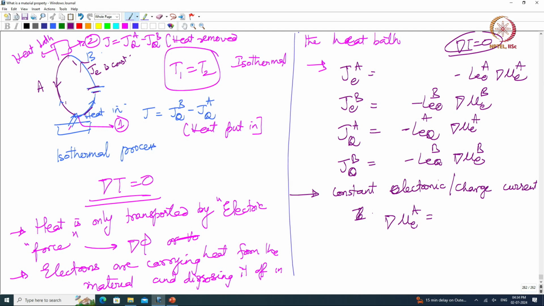So what is the gradient of mu E, that is just I, actually it is not, or J, so J by LEEA, right. So that is equal to LEEB times del phi, right. So, or the voltage or the electric field, right. So I am just writing what del phi is, right. So in some sense del phi, let us put it that way, okay.